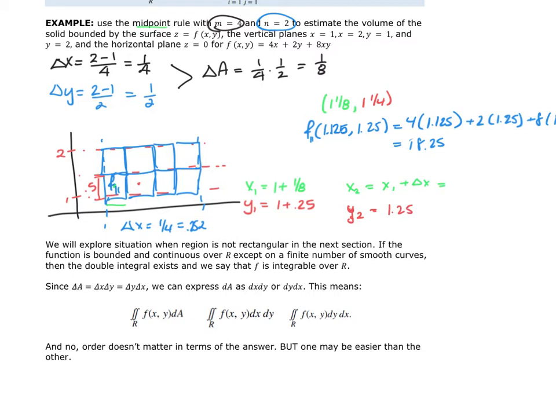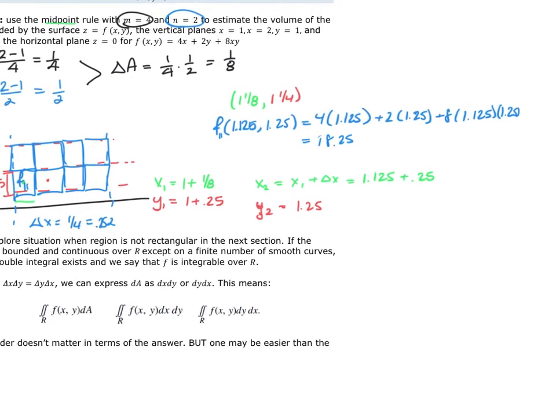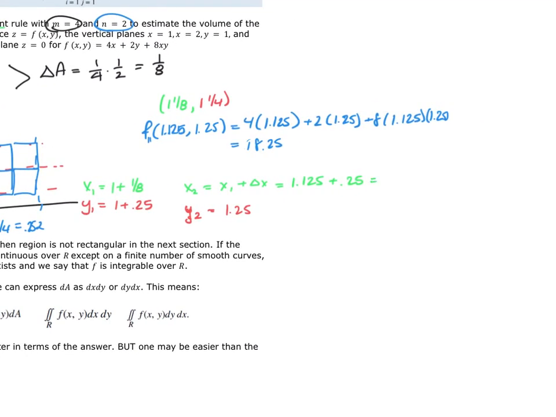And my x is going to be 1.125 plus my delta x, which was 0.25. So my x sub 2 will be equal to, I'm going to go ahead and add those, I get 1.375.